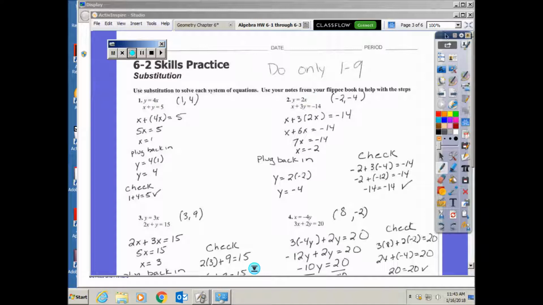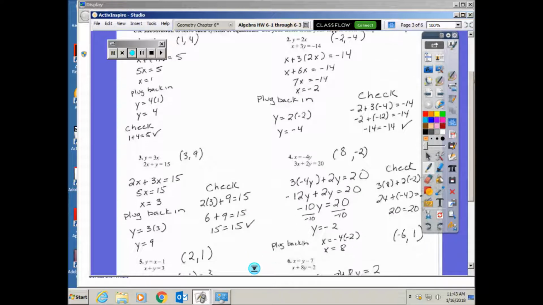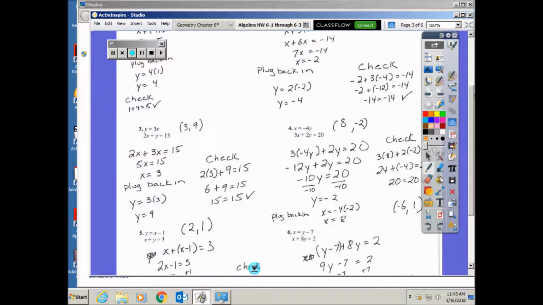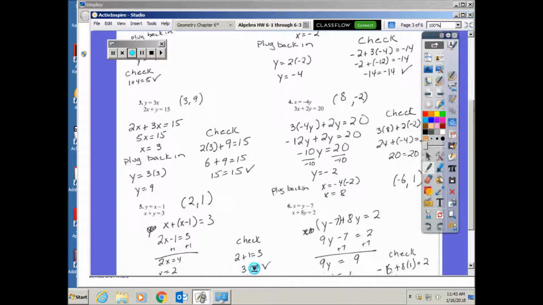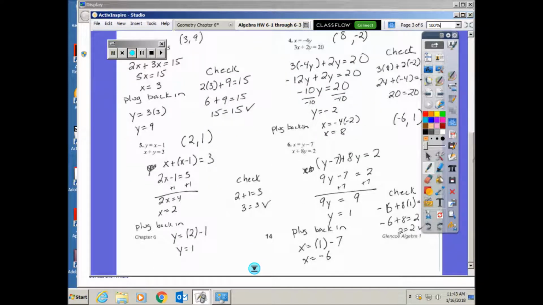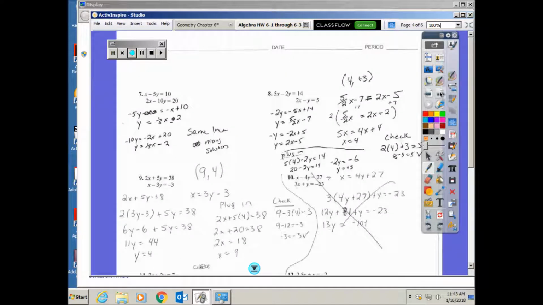Problem 2 has one equation where the variable is by itself. Problem 3, problem 4, problem 5, problem 6. Okay? 1 through 6 all have one variable by itself. Then we'll talk about 7, 8, and 9. But 7, 8, and 9, if you had them on a test, you wouldn't use substitution to solve them. You can, but it's probably not what you would do.